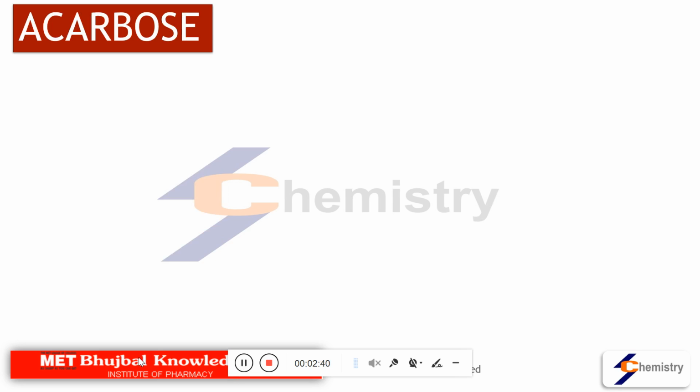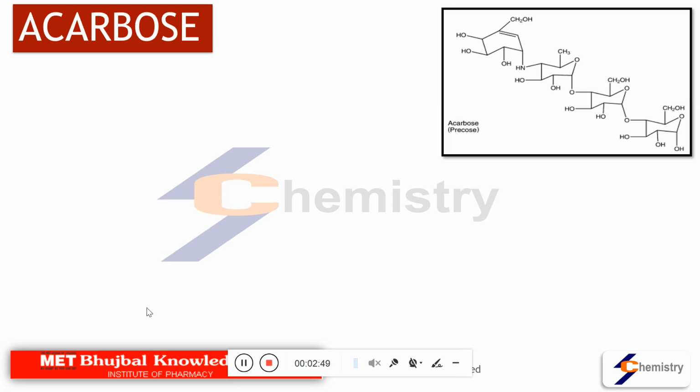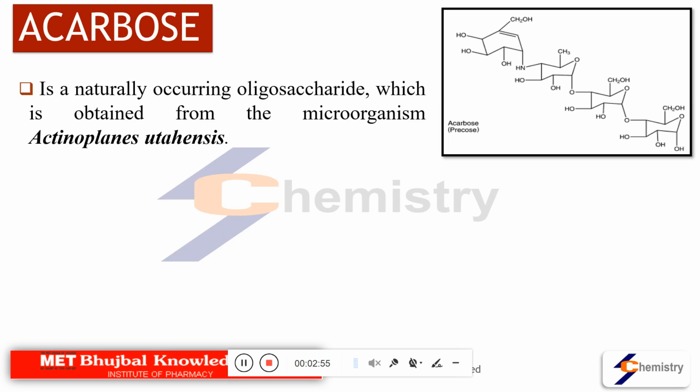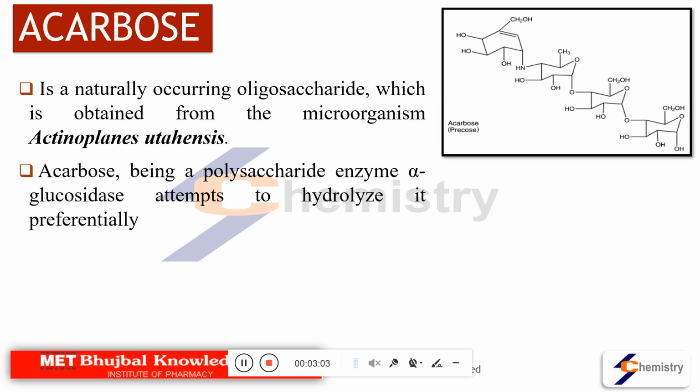We will discuss the first naturally occurring oligosaccharide drug, that is acarbose. Its structure is there in front of you. You can see the polymeric structure, and I already mentioned it is a naturally occurring oligosaccharide which is obtained from the microorganism Actinoplanes uthensis.